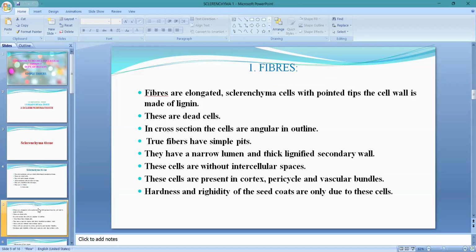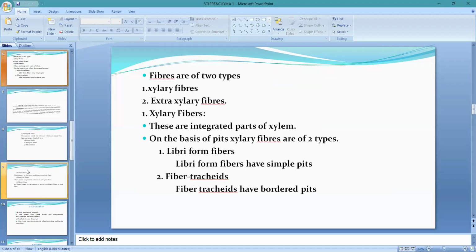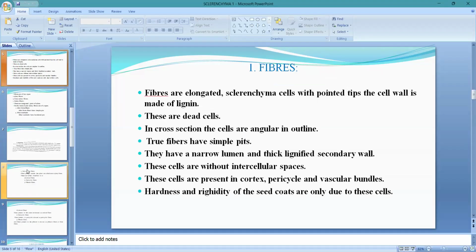Fibers are a specialized type of sclerenchyma cells that occur in different parts of the plant body. In sclerenchyma, only two types of cells are present, fibers and sclereids. Fibers are fairly common in the vascular tissues but also occur in the ground tissue.